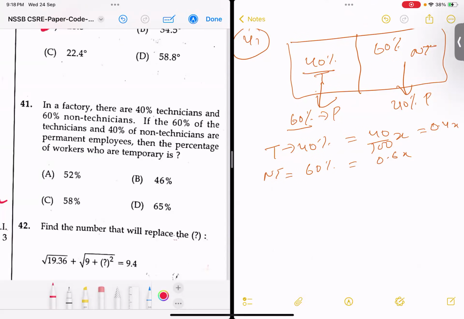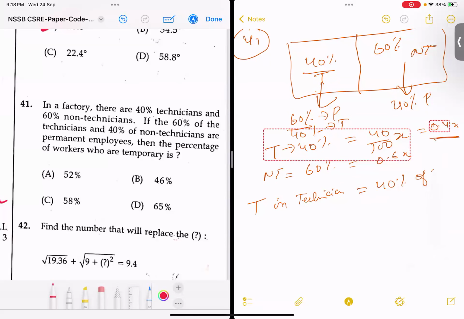Now, if 60% are permanent, which means 40% is temporary, right? Now, temporary in technician: 40% of 0.4x, which is equal to 0.16x, right?